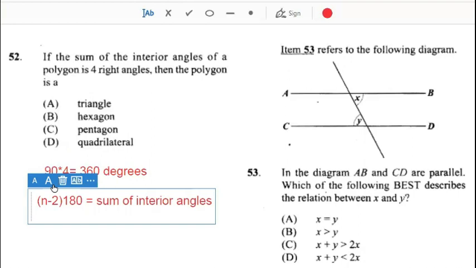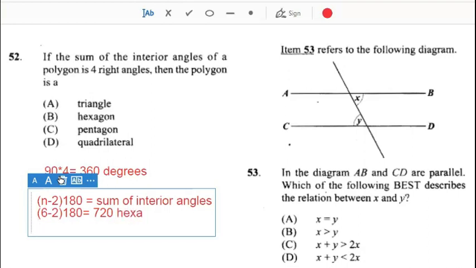So for a hexagon, the number of sides is 6, so it's 6 minus 2 multiplied by 180, and from that you would get 720, as it's 4 multiplied by 180.